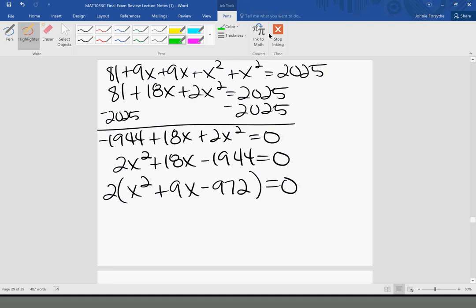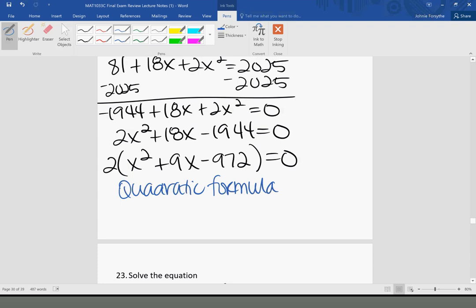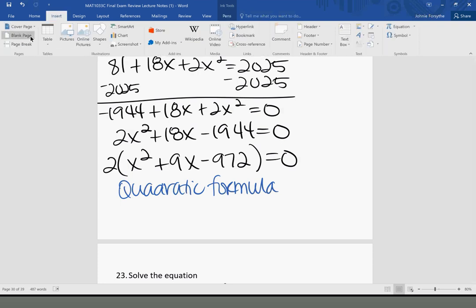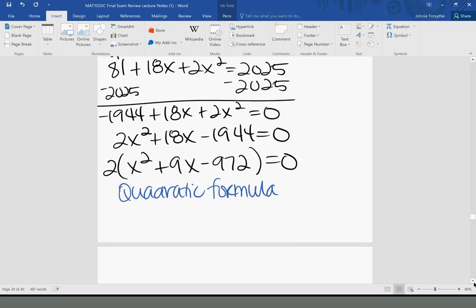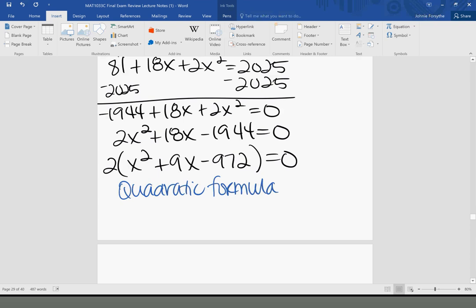Alrighty, so what I'm going to do now is I'm going to use the quadratic formula to solve this, because I'm not going to think of factors of 972. That's kind of crazy. So the quadratic formula is used to solve any quadratic, really, it doesn't have to be factorable, but any quadratic.